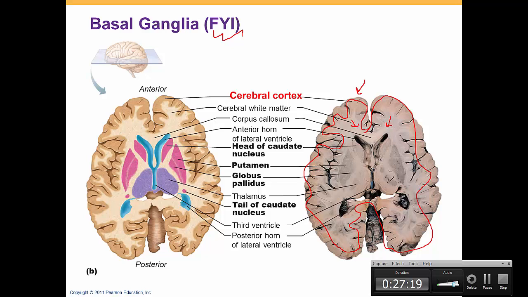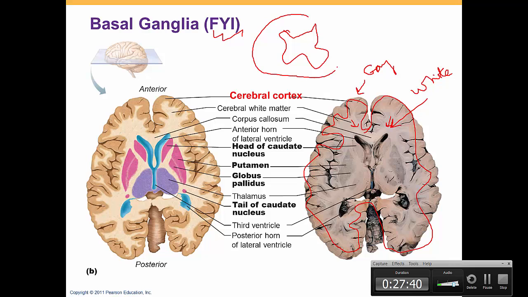So as you can see, the cortex, which is the outer part, is my gray matter. The inner part is my white matter, which are my axons. And as you remember from the spinal cord, it was butterfly-shaped gray matter, and the white matter was outside. So here is the opposite organization, I should say.